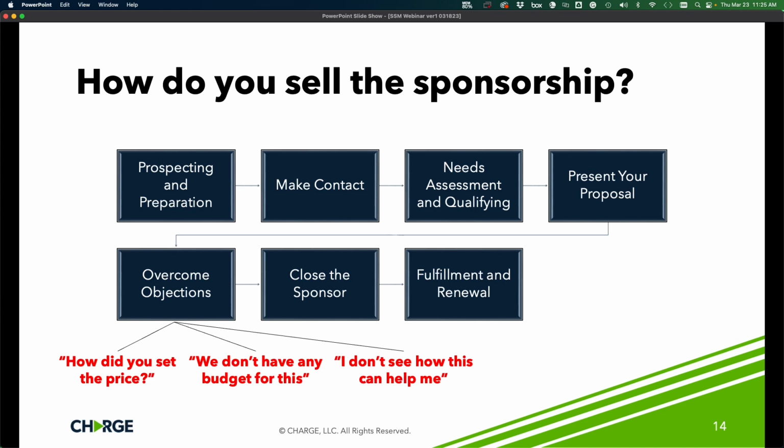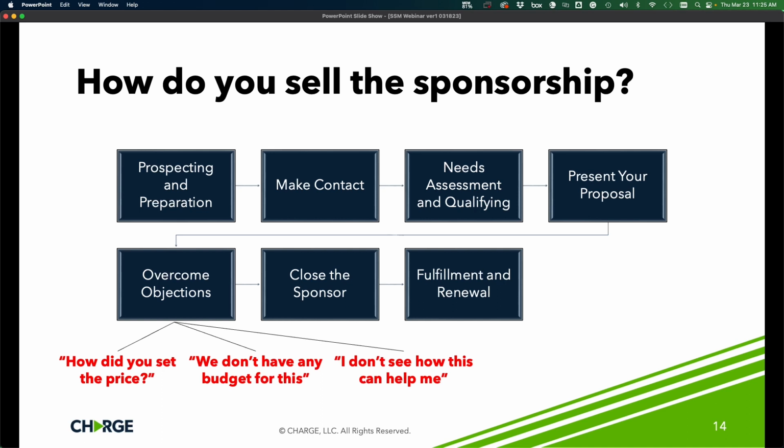It's asking about their marketing pain, asking what they need, asking them those questions to demonstrate that you have an ability to address that element of their pain. It's presenting your proposal, and it's overcoming objections that you might receive to that proposal. For example, the common objections that people get are, how do you set your price?